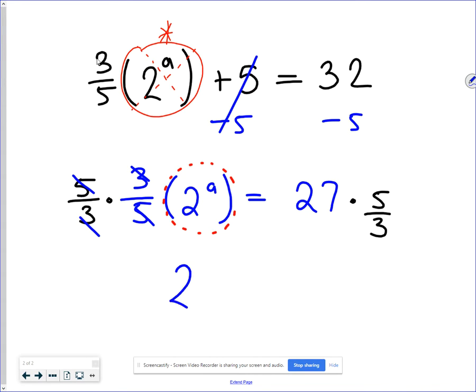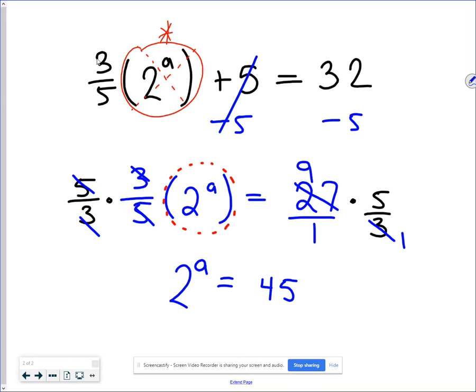Now you got 2 to the a power is equal to, well, let's turn 27 into a fraction by putting it over 1. 3 can go into 27 9 times. So on the right-hand side, 9 times 5 is 45. Now it's just like the problems we did yesterday.